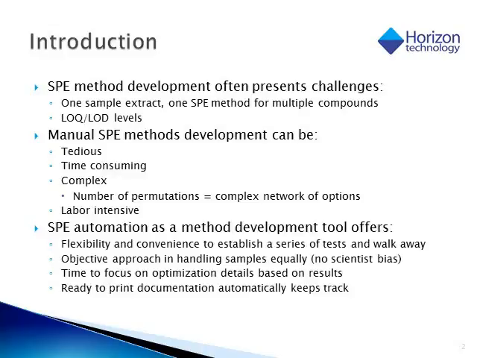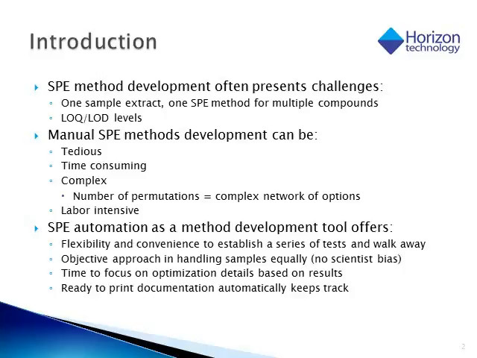So we look for unique method development tools, and SPE automation can be one of those. It offers the flexibility and convenience to establish a series of tests and then walk away. It also gives an objective approach to method development because it treats all the samples the same. There is no scientist bias.